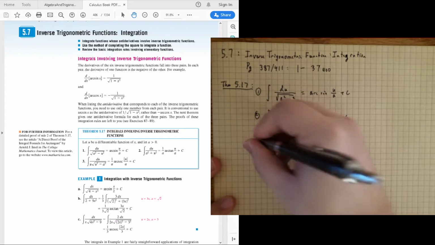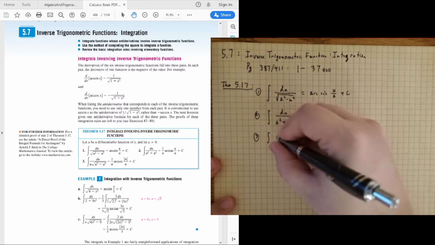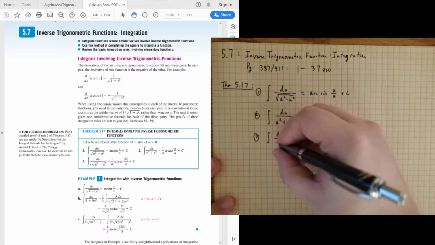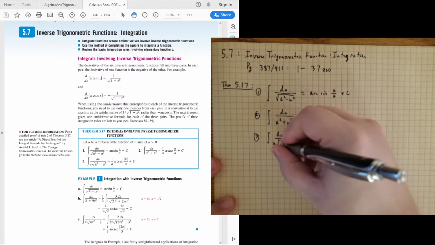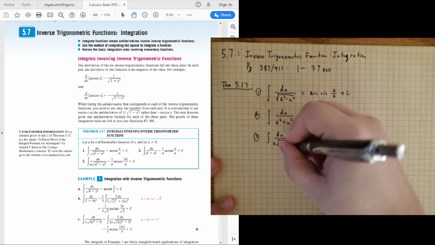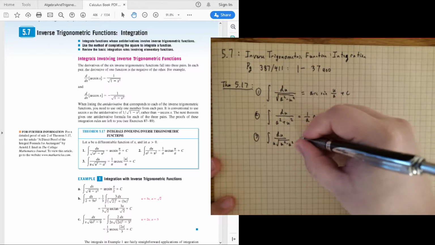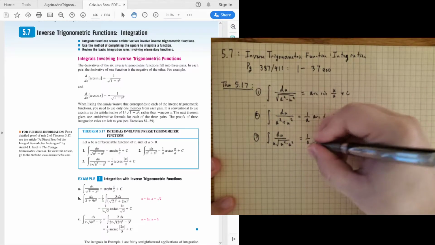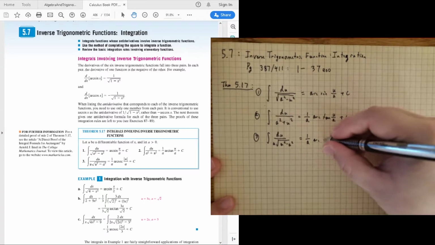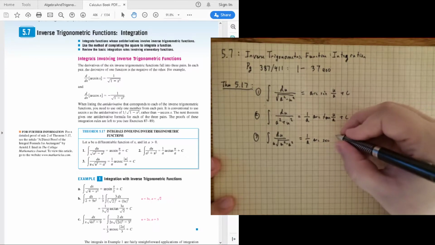And number 3, integral du over u square root of u squared minus a squared, which is equal to 1 over a arc secant of the absolute value of u over a plus c.